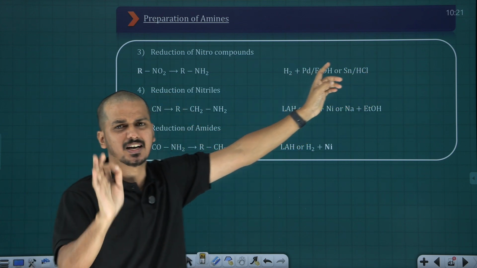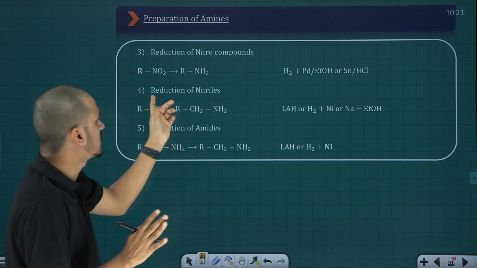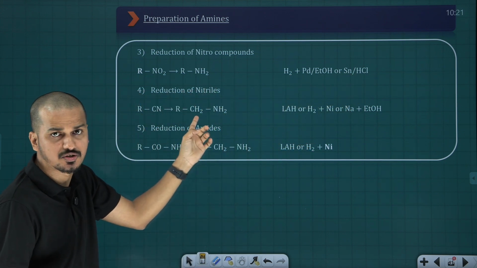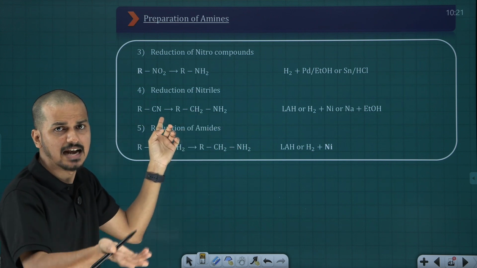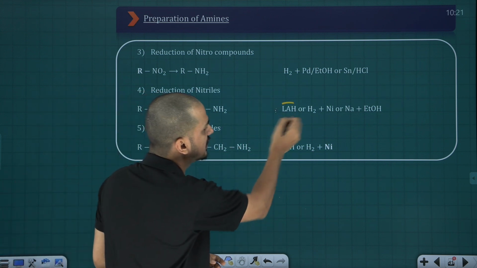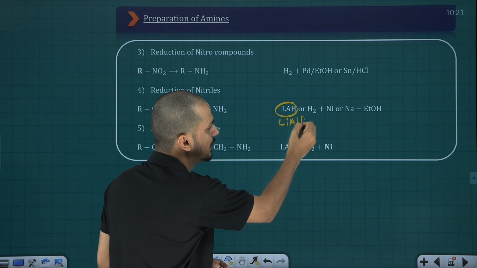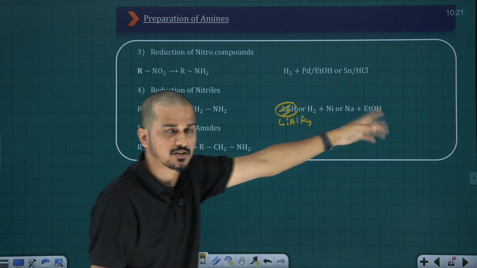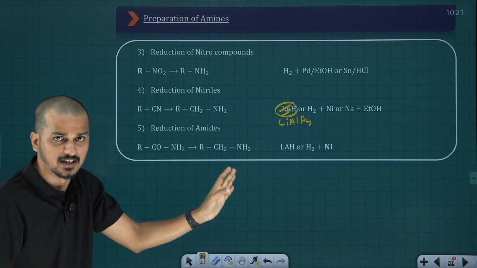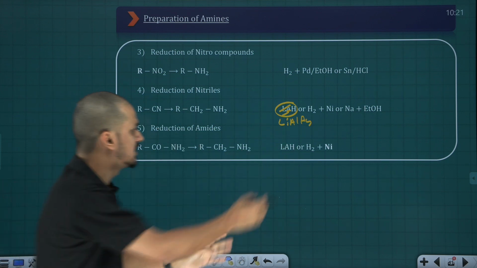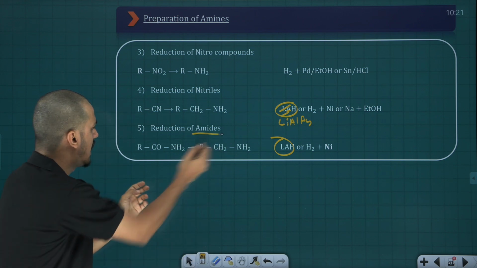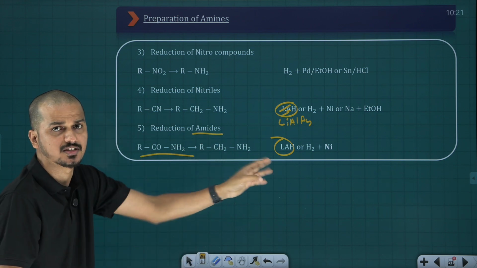The best, cheapest method is iron and HCl. Next, reduction of nitriles: cyanide compounds can be reduced to amines by adding hydrogen, using lithium aluminium hydride, or hydrogen, or sodium in ethanol. For reduction of amides, the reducing agent is lithium aluminium hydride or hydrogen and nickel. Amide RCONH2 converts to RCH2NH2.